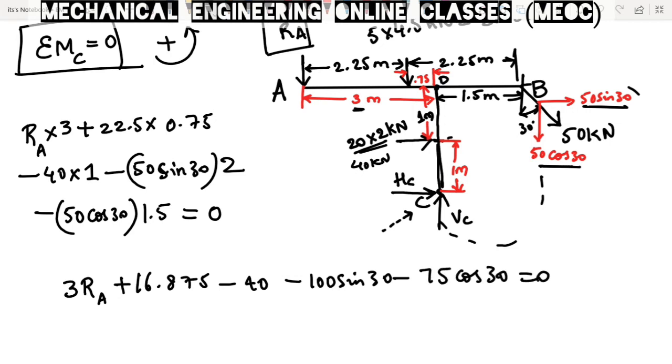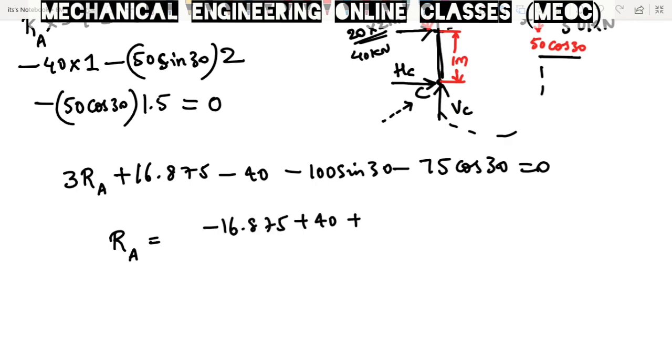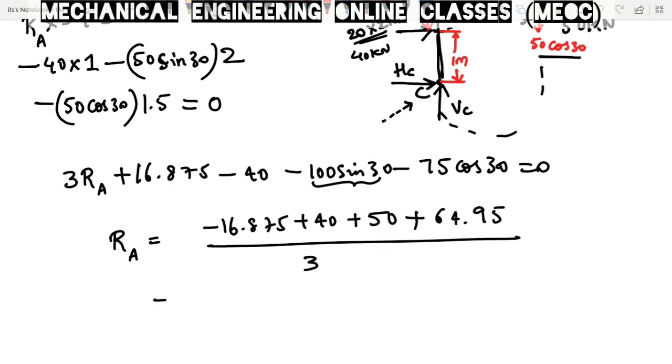This is 0. So RA will be equal to minus 16.875 plus 40 plus 100 into sin 30, which will be 50, plus 75 into cos 30, which is 64.95. So all this divided by 3.